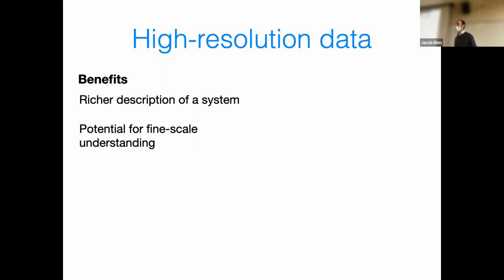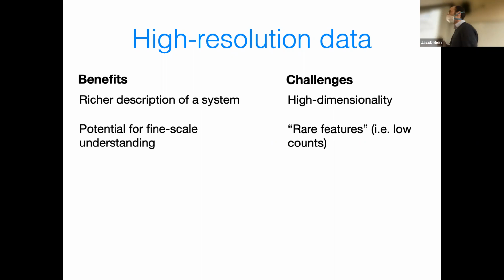There's an interesting trade-off here, because when you have higher resolution data, there are challenges. What sorts of challenges? For one thing, you've measured more things, so you have this high dimensionality problem. But of course, in statistics, we've spent decades being happy about high dimensional things. Furthermore, the nature of the measurements is also a little different, because if you're really zoomed in enough, maybe the quality of these features is less good.